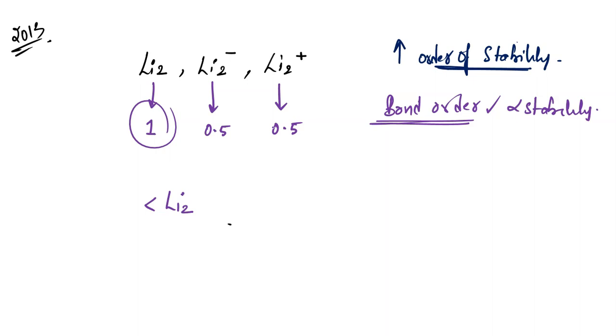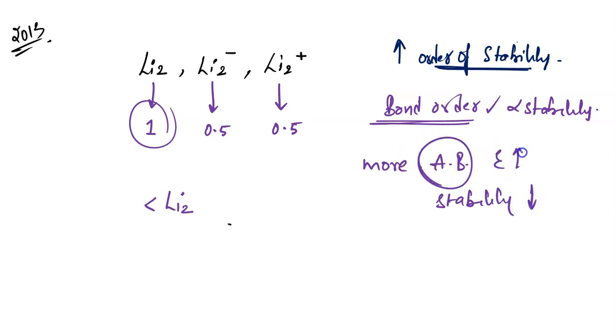How do we know? When the bond order is the same, to identify the stability you need to look at the number of bonding and anti-bonding electrons. If you have more anti-bonding electrons, the stability will be lesser. Why? Because they are anti-bonding, their energy will be higher. Higher is the energy, lower will be the stability.